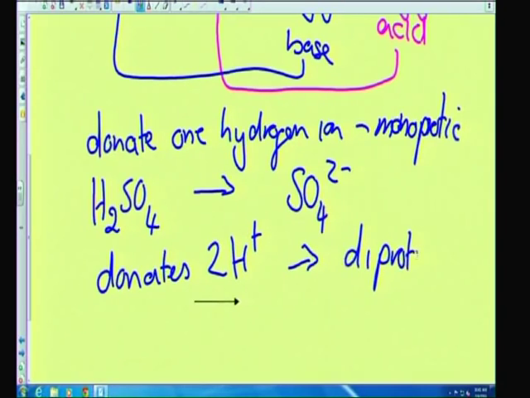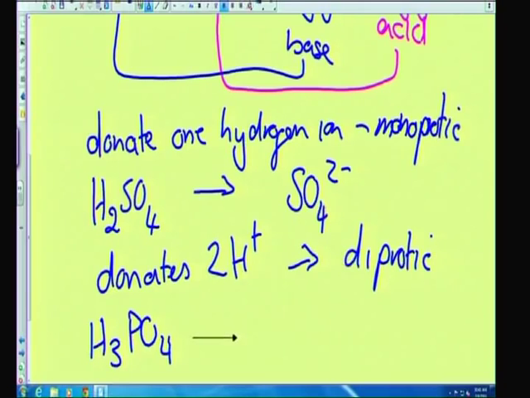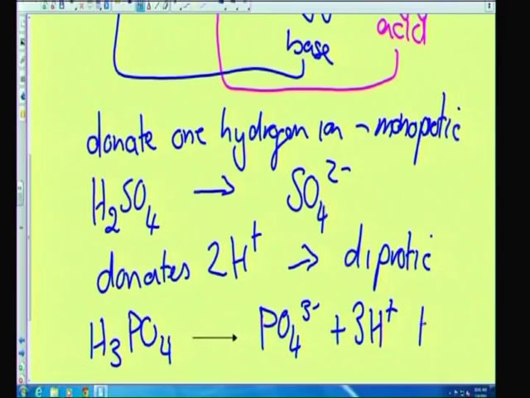diprotic. And obviously, if it was something like this, H3PO4, then it could donate 3 hydrogens. And if it donates 3 hydrogens, then we're going to get PO4 3 minus plus 3 hydrogens. So we'd call that triprotic.